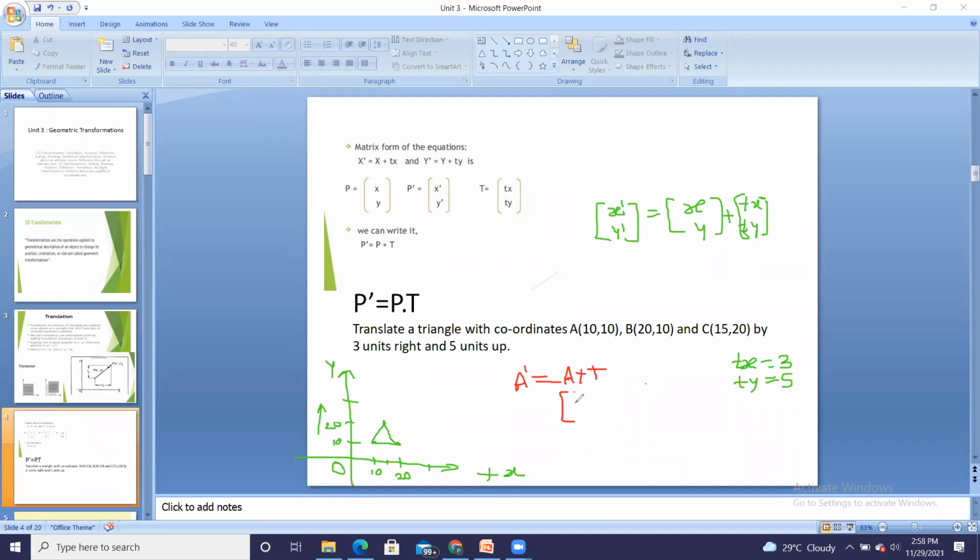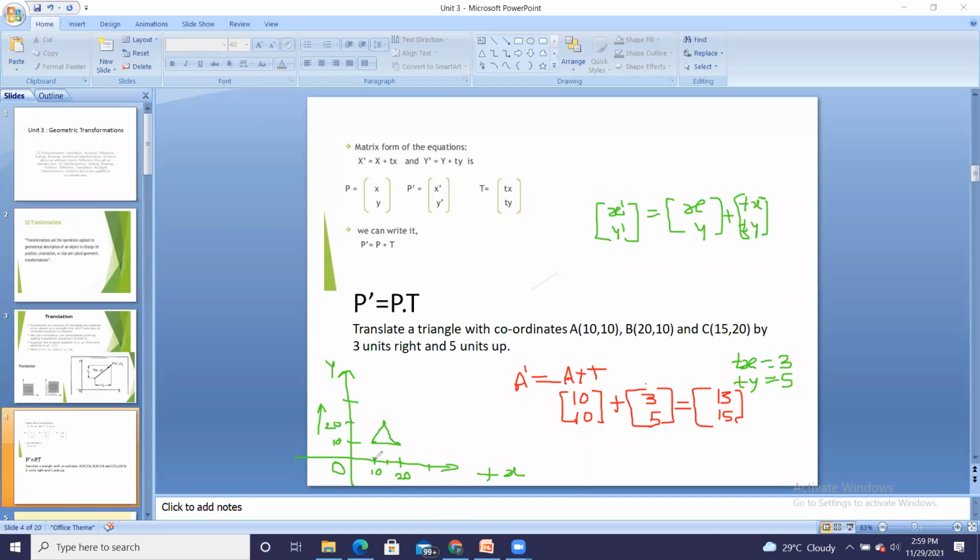So I will write here 10, 10 plus t value. T is tx and ty are 3 and 5 respectively. Okay, 3 and 5. So after performing this addition operation, I will have a dash, that is resultant value, as 13, 15.